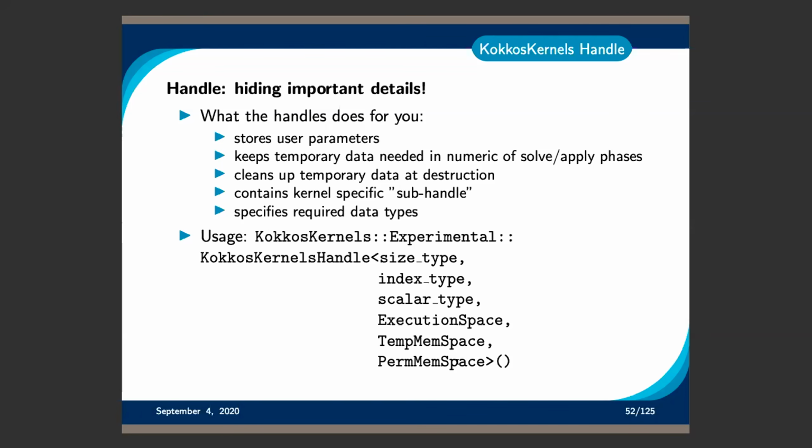So typically, if you want to call an SP-gem kernel, you're going to have to create this Kokkos kernels handle and then create a subhandle that's a method of the main handle. And finally, this handle also specifies required data types for your algorithms to work correctly. So you can specify that the matrices have to contain doubles or floats or complex types, etc.